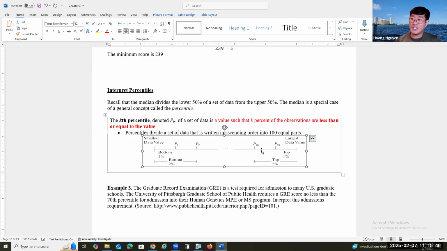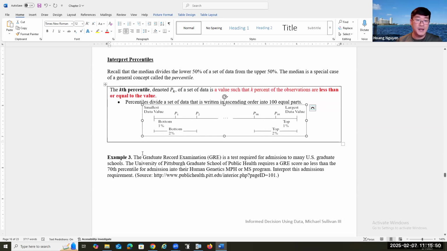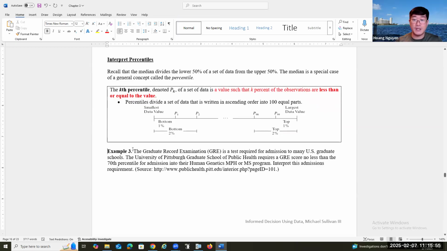So let's do an application with percentiles to give you a better idea. The GRE, or the Graduate Record Examination, is a test required for admission to many U.S. graduate schools.